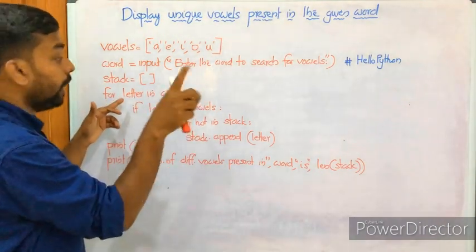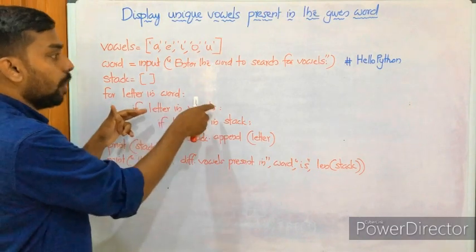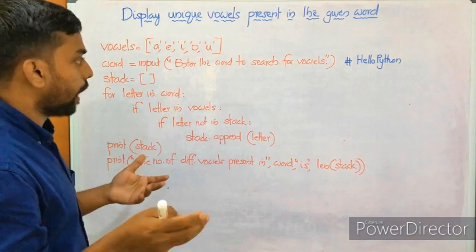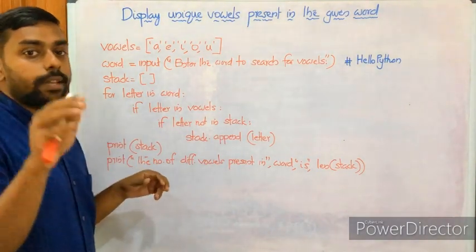So the value of letter is E, and if letter in vowels, E is here in vowels. So what will be stored in the stack? In S, there will be E. E will be stored onto the stack.